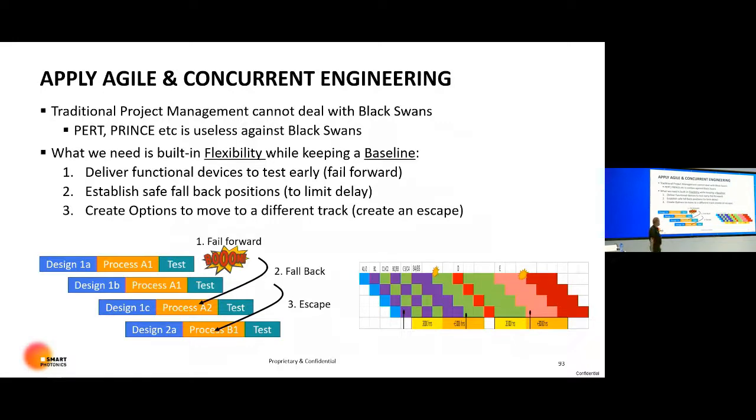You have to put safe fallback positions in your project plan to limit delay, and create options to move onto a different track, basically creating an escape. It's shown here, so be very clear: these are not DOEs or design iterations, but carefully planned configurations which maintain the baseline.